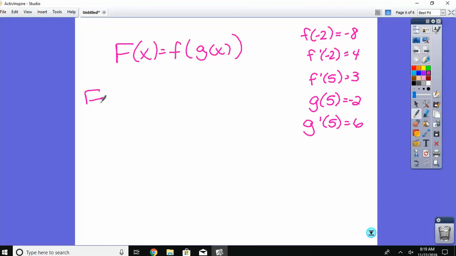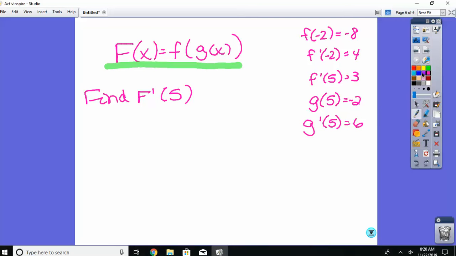I want you to find f prime of 5. So what we have to do here is take the derivative of this expression up here. I didn't actually tell you what it was equal to, I just wrote it in function notation. But we can work through this.